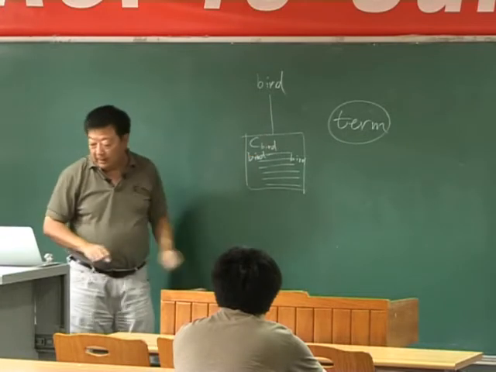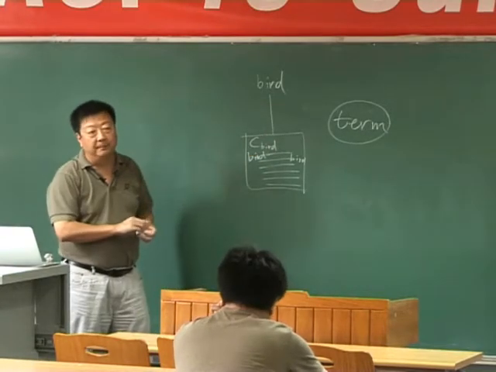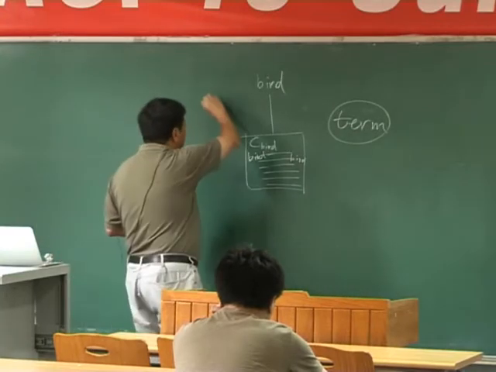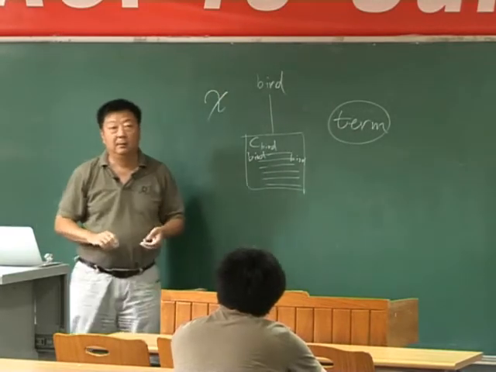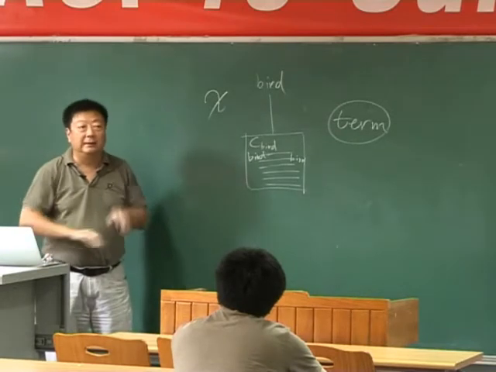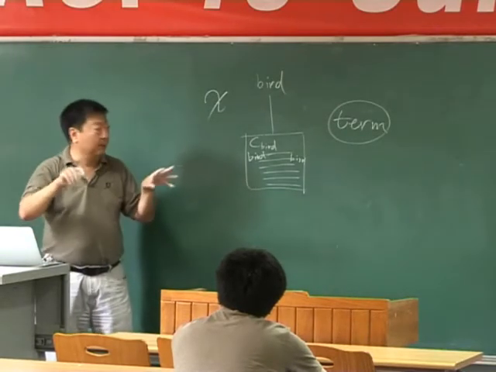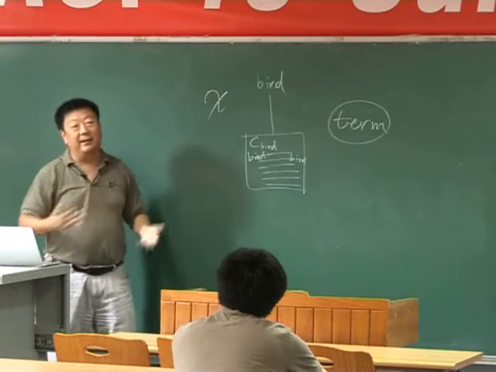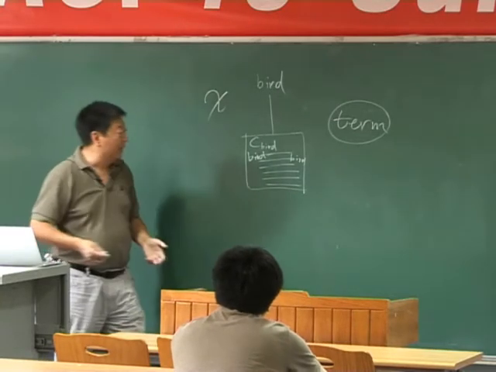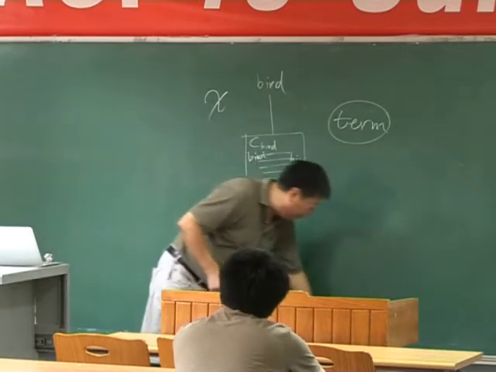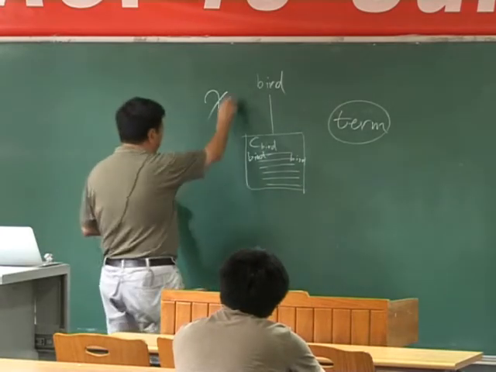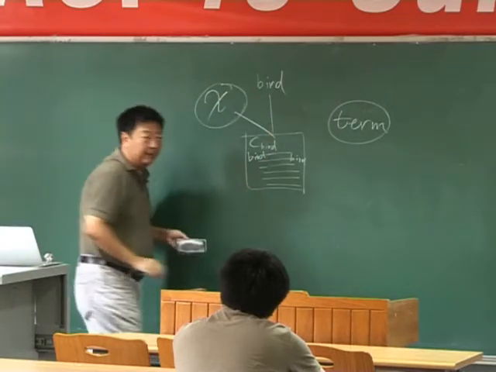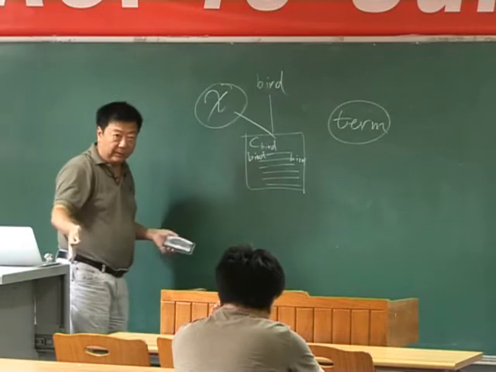On the other hand, a variable term is more like a variable in the mathematical sense, for example, x. It's not fixed on anything. On the other hand, it can be anything. So in this system, this name can be used to represent this concept in one situation.